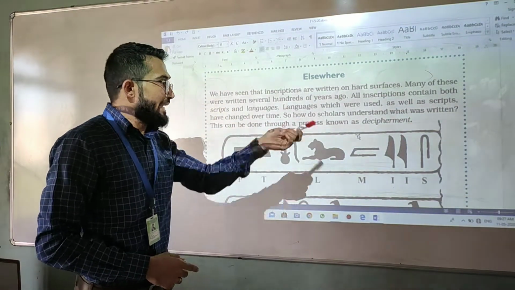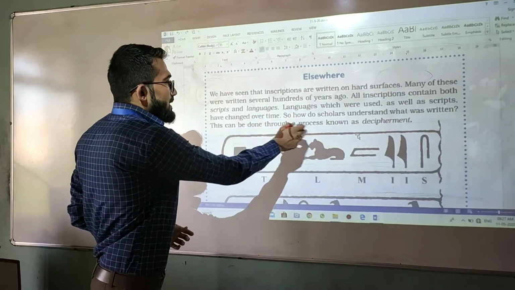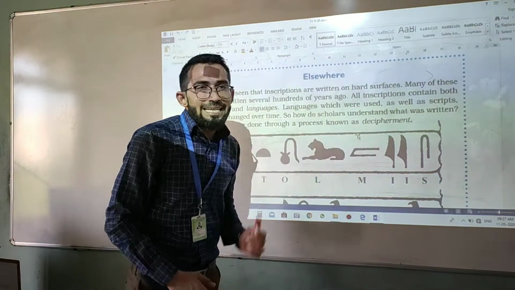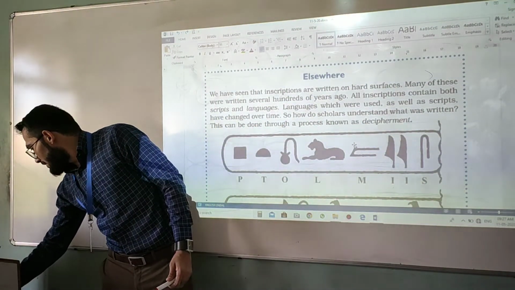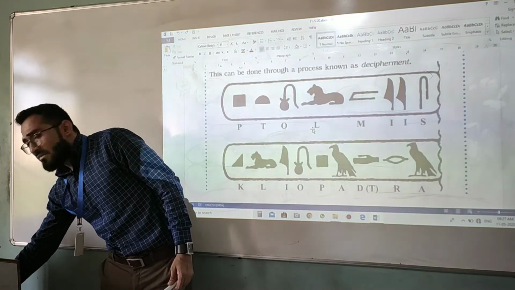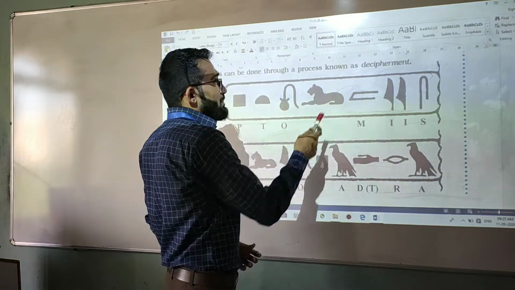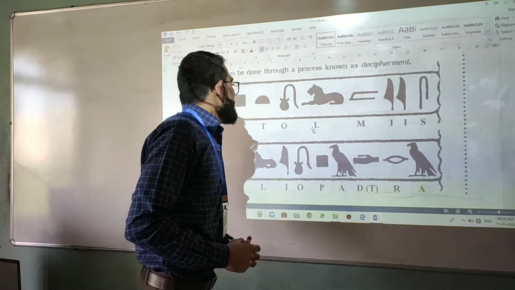Then here one example is given that we see this can be done through the process known as decipherment. Decipherment is the process of understanding the script and languages that change.